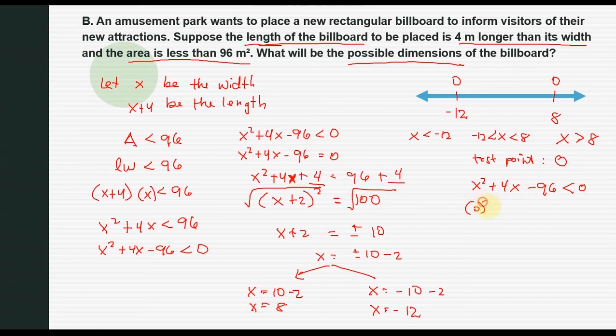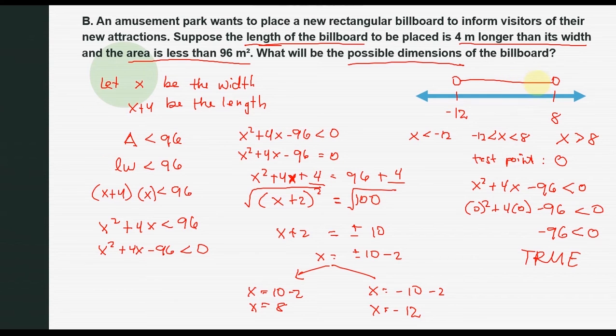So 0 squared plus 4 times 0 minus 96 is less than 0. Of course, this is going to be 0, this is also 0, so what's left is negative 96 less than 0. Now, this statement is true. Since this is true, we're going to draw a line on our number line, connecting the two. So there you go. Now we have our line.